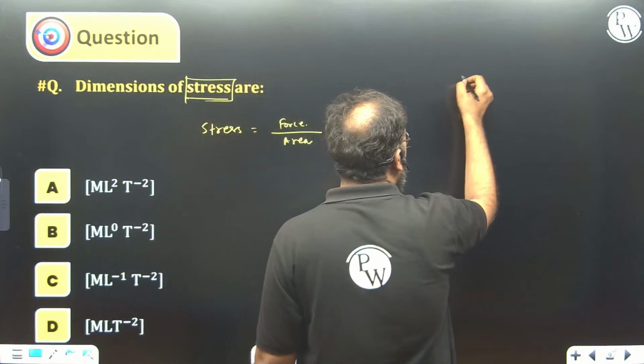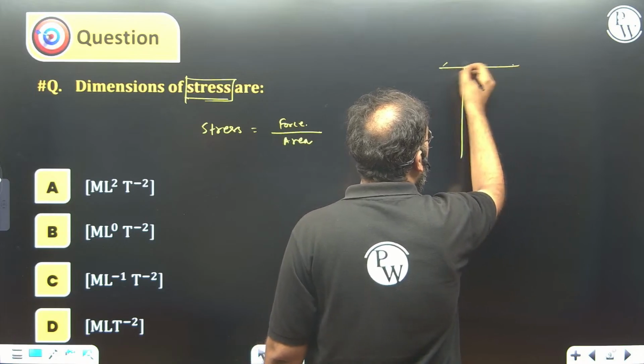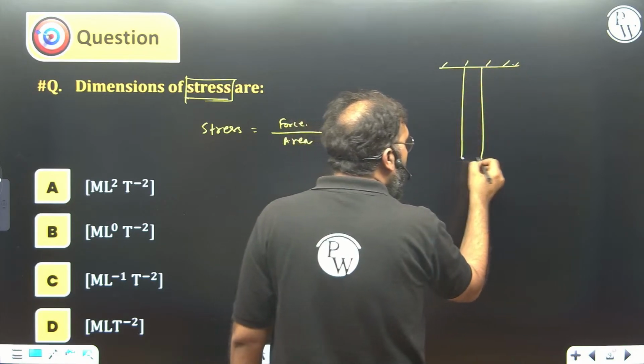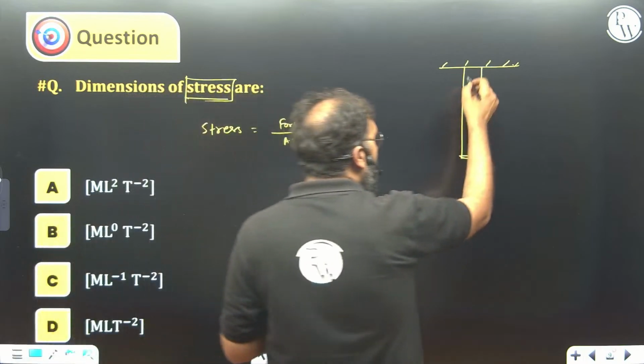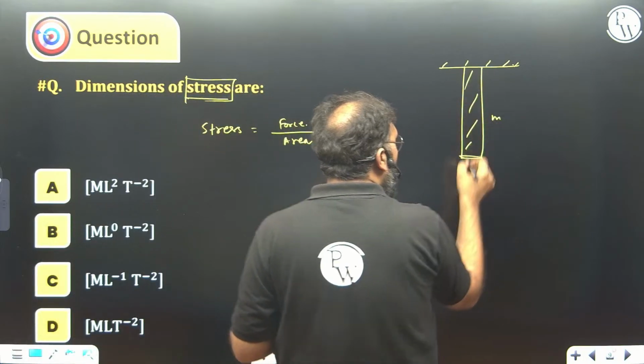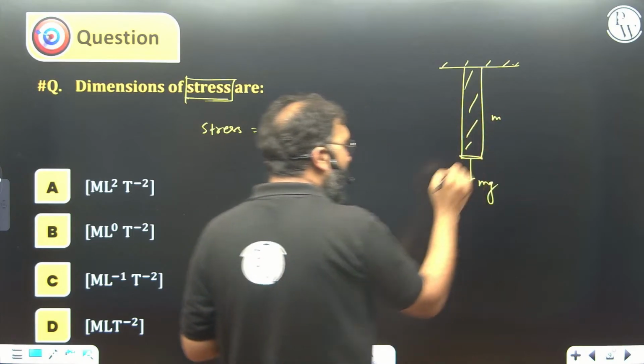So let's say that I'm having a string here. It is attached to the ceiling, and this is the area of cross section, and I'm considering that this has a certain mass m. Because of its mass, some force will be acting here, mg.